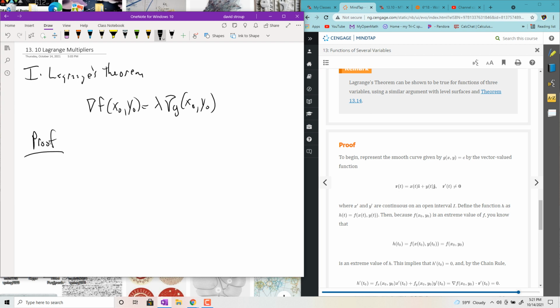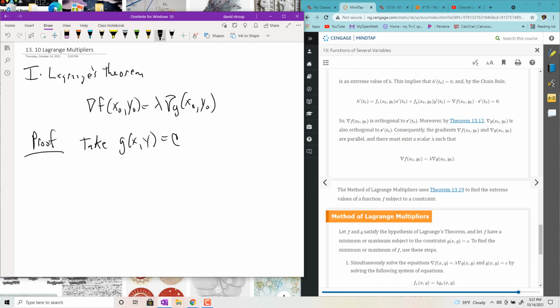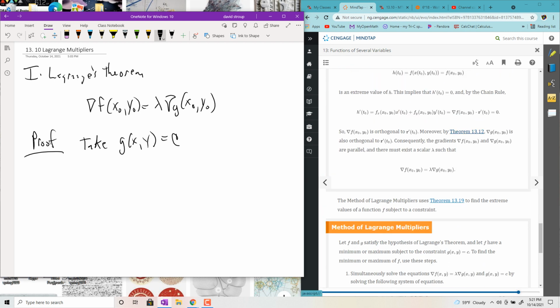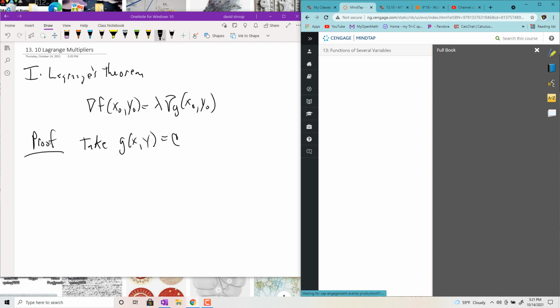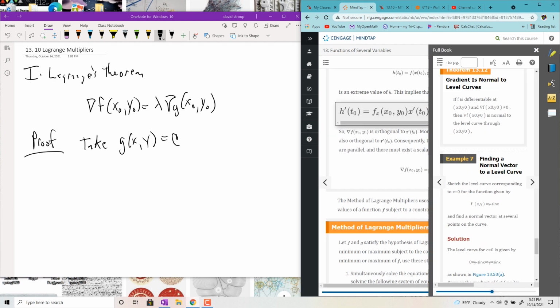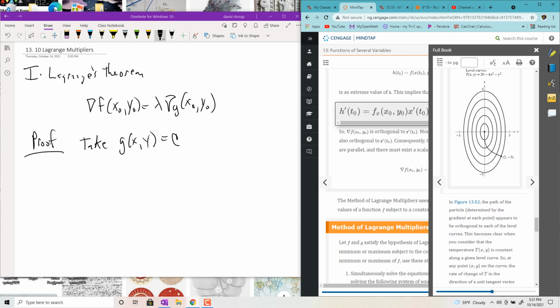What you want to do first is represent the constraint function with a vector valued function. Take this constraint function, g of x comma y, which equals c, which you could also think of as one of our level curves. Okay, so g of x, y equals c.